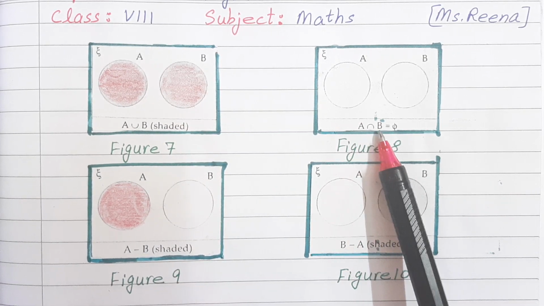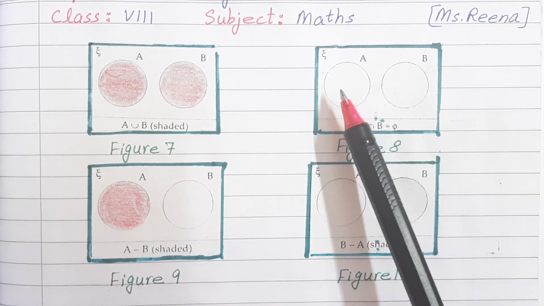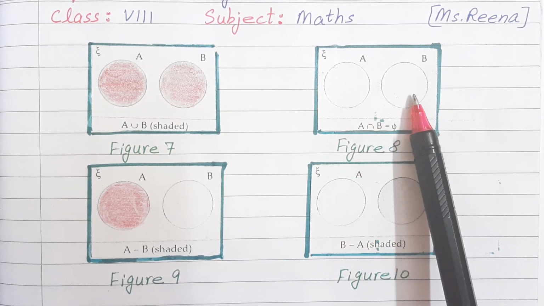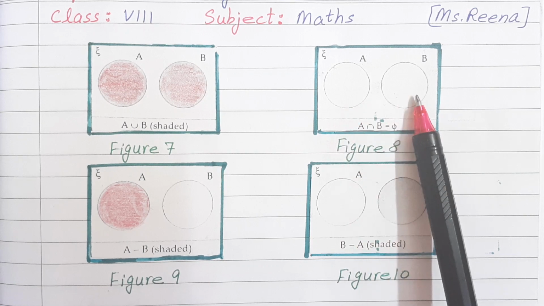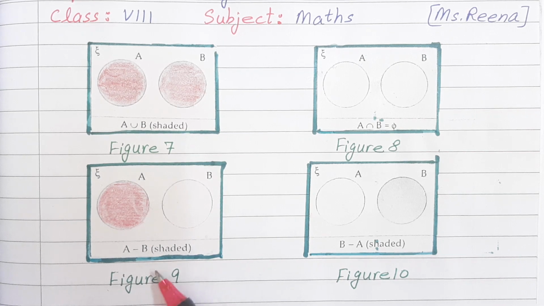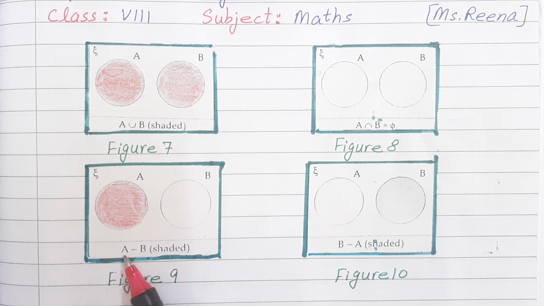Here A intersection B is phi because the two sets are disjoint and there is nothing common in them. That means no elements are common between A and B.